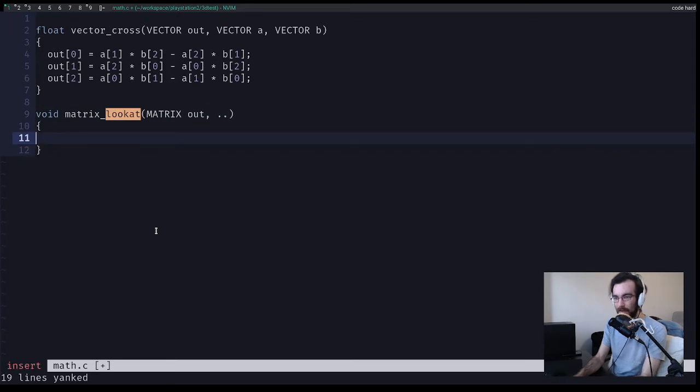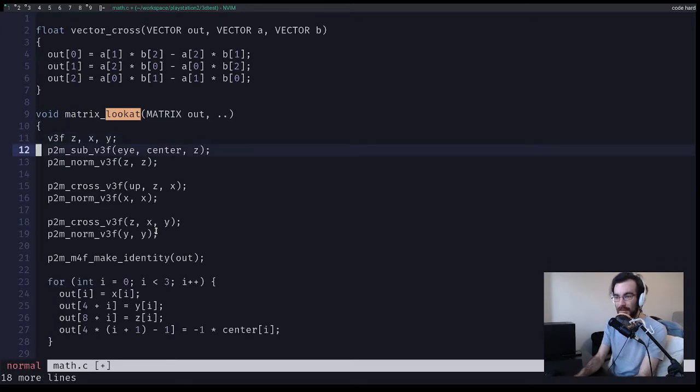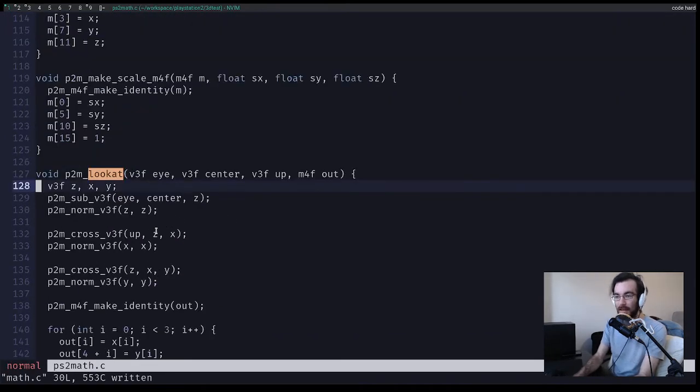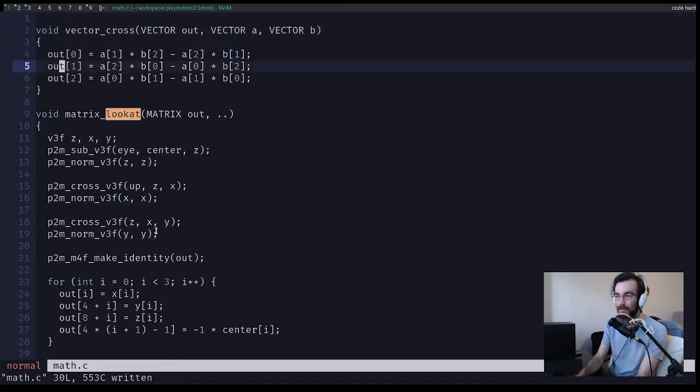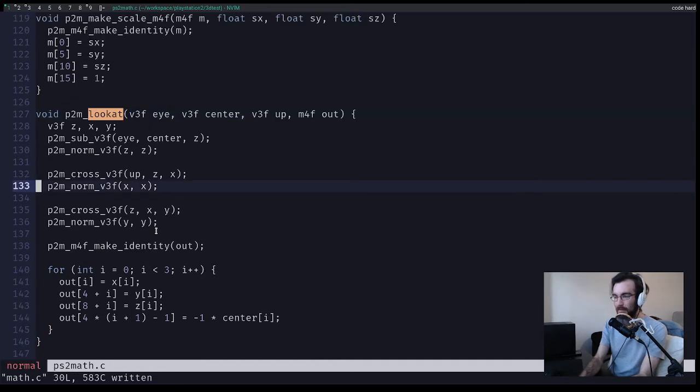And then we're gonna paste this in. This also now no longer returns anything. Look at I center up. So we have vector I. I don't know what center is, but anyway.